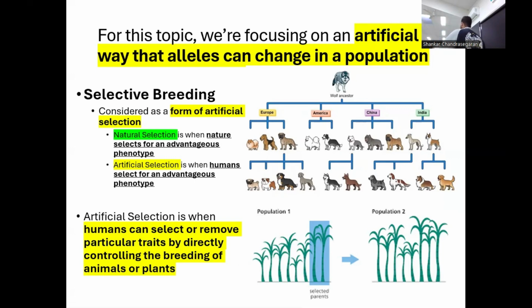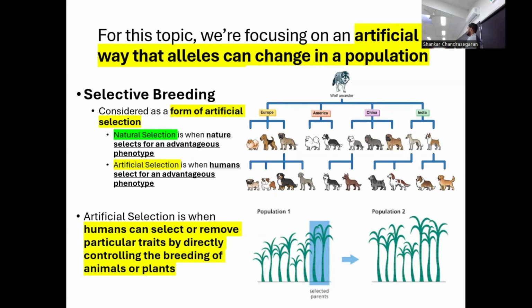That's the main technique that is used to artificially alter a population's gene pool. It is considered a form of artificial selection, where, if natural selection is when nature selects for a specific advantageous phenotype, artificial selection is when humans select an advantageous phenotype specifically for ourselves.